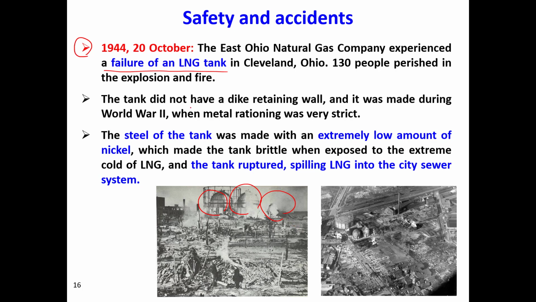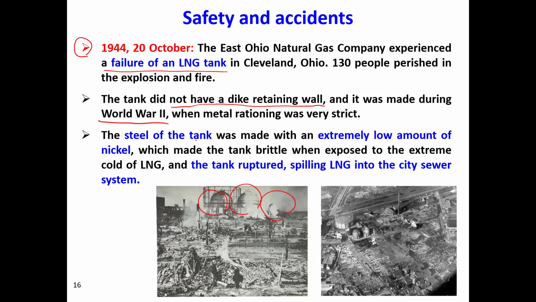So the tank didn't have a proper dike or retaining wall. The reason is that the tank was made during World War II. In that time, the countries were fighting with each other.